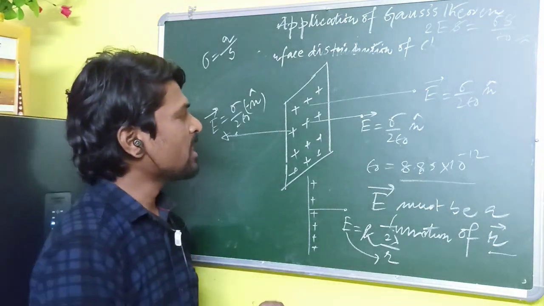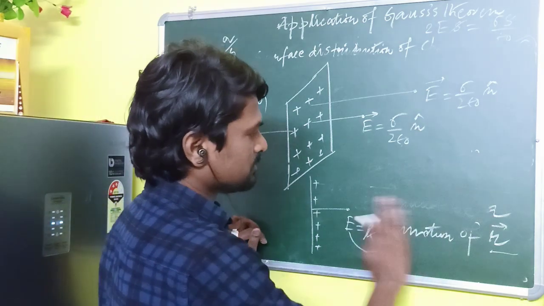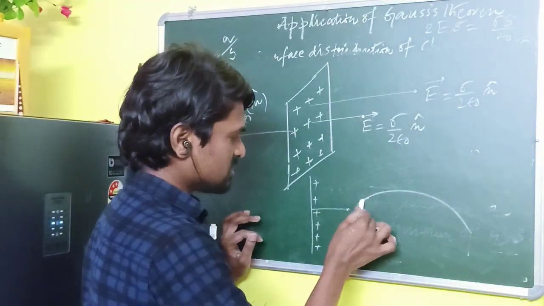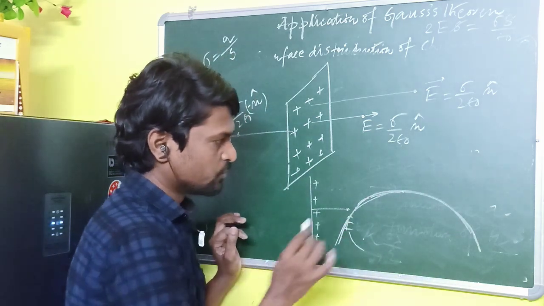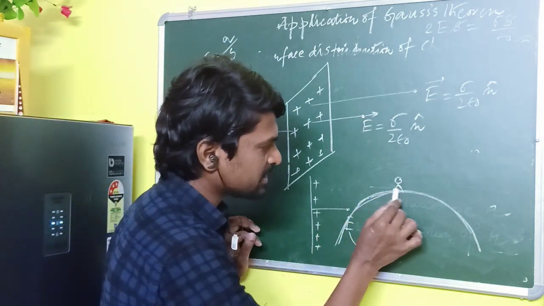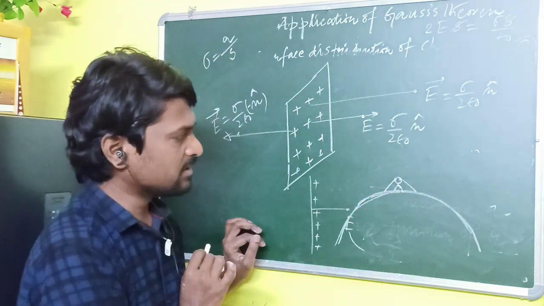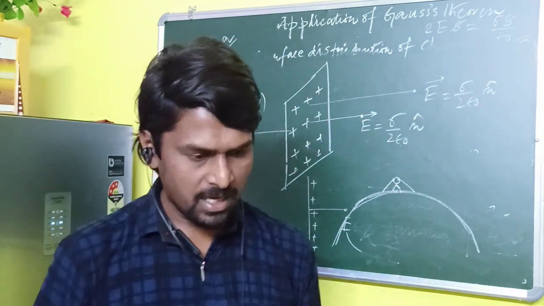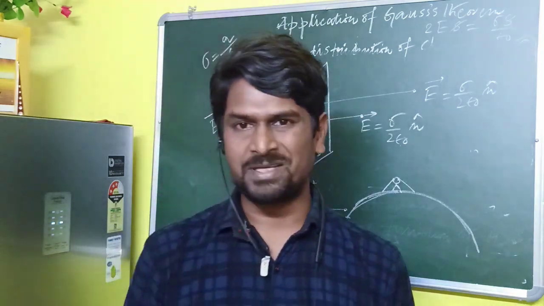Because, students, suppose this is the Earth's surface and you take a flight from here. When you stay at that particular position, then your field of view is like that. When I am standing here, I can only see that particular space.